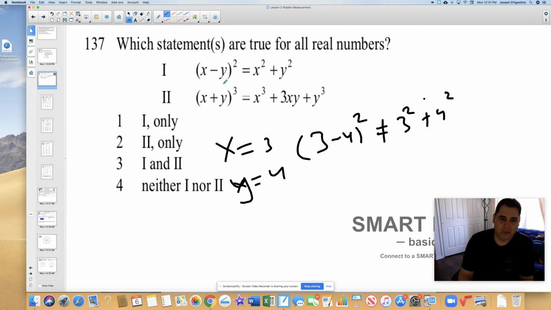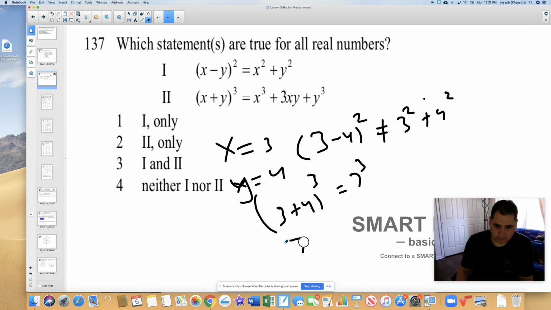So if you plug these numbers in, 3 plus 4 to the third, which is basically 7 to the third, is that the same thing as 3 to the third plus 4 to the third plus 3 times 4?